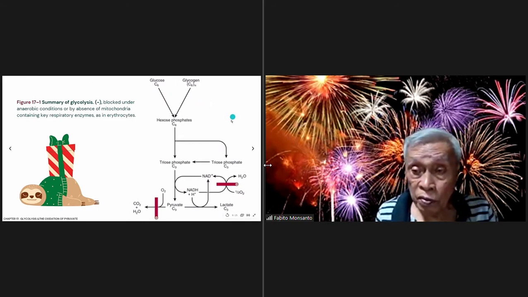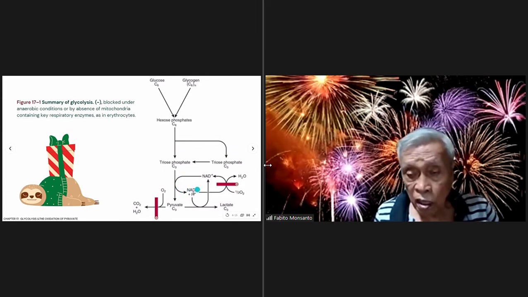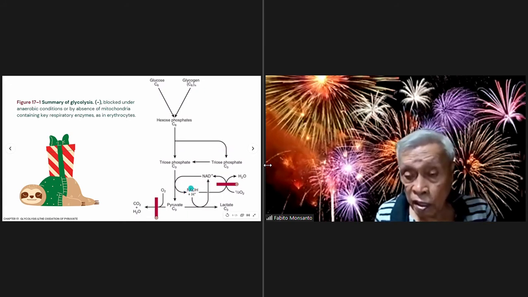If you look at this, this is the first step: the triose phosphate is oxidized, and your NAD is the acceptor of hydrogen, and that NADH goes into your electron transport chain.